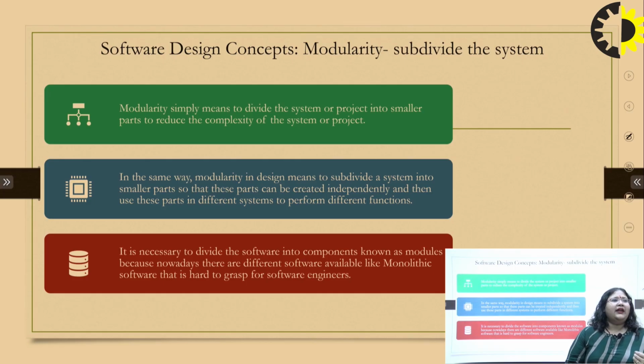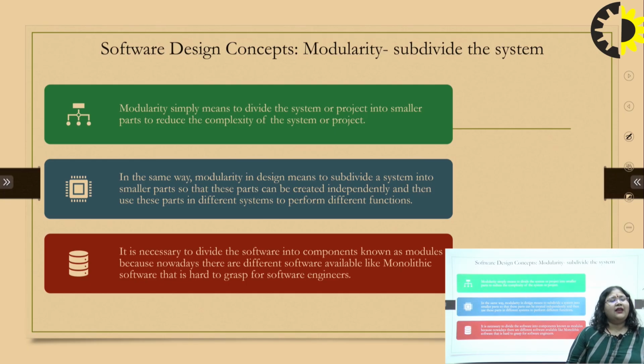Now the modularity concept. Basically, modularity means we divide the software into different modules, and this reduces the complexity of the system. The complexity is reduced because of the number of small modules. Implementing a big module is highly difficult compared to small modules.